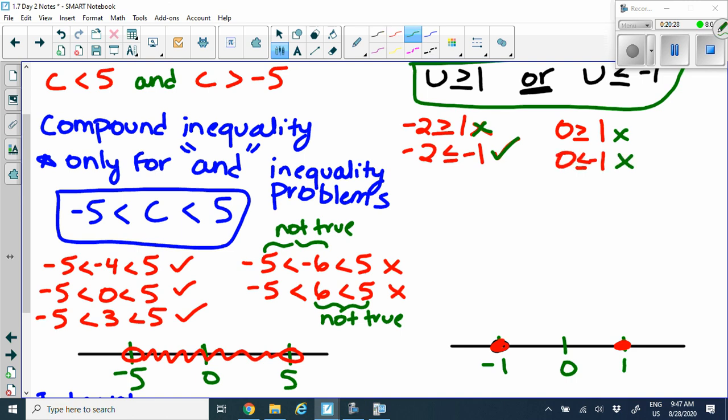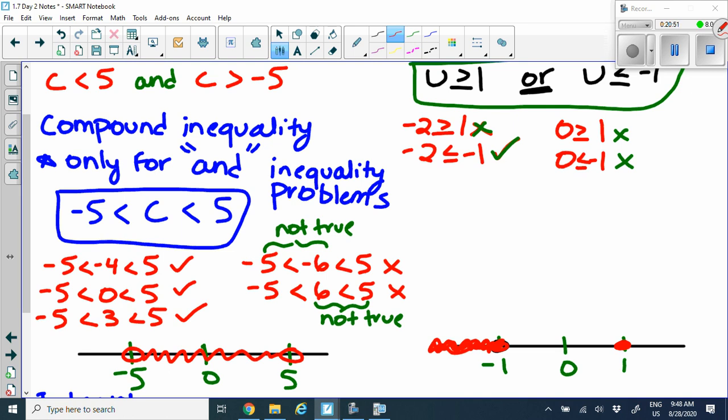No. So it doesn't even satisfy anything. Since negative 2 is less than or equal to negative 1, we can shade towards the left-hand side. It satisfied that. But since 0 did not satisfy either of the inequalities, we can't shade where 0 is at. That doesn't work.